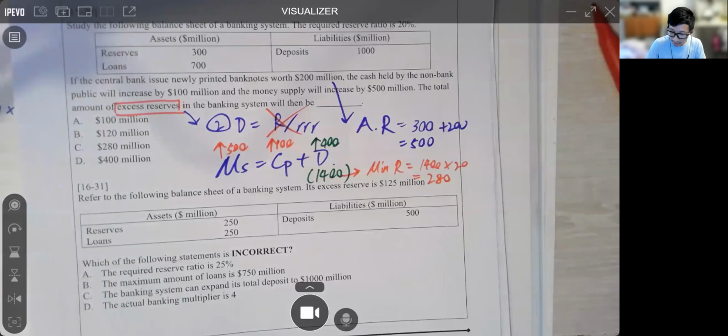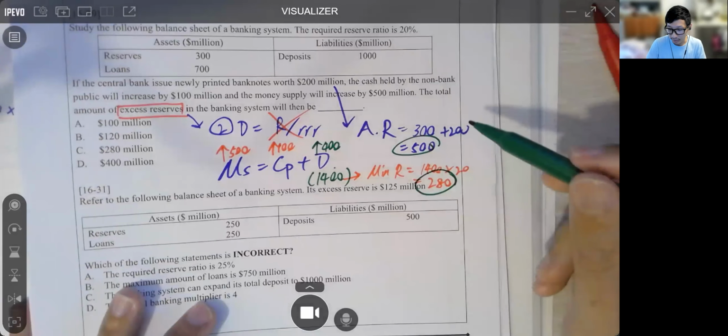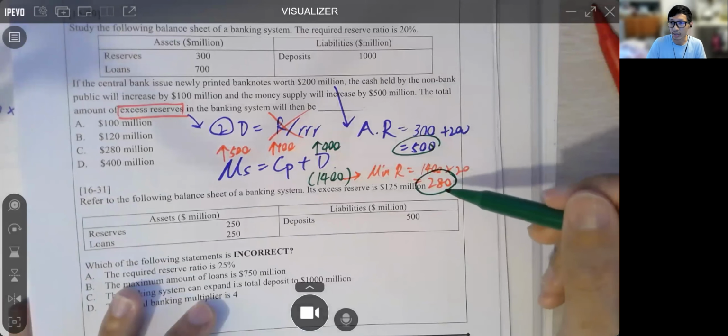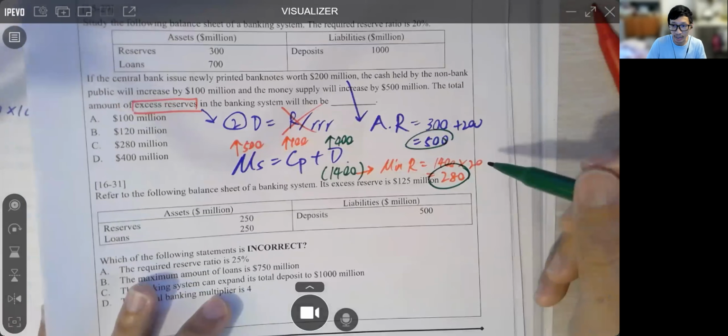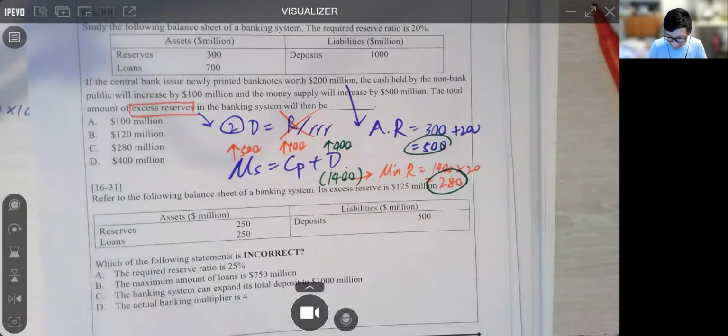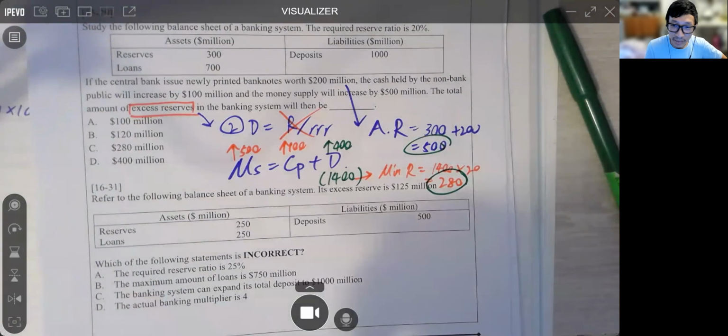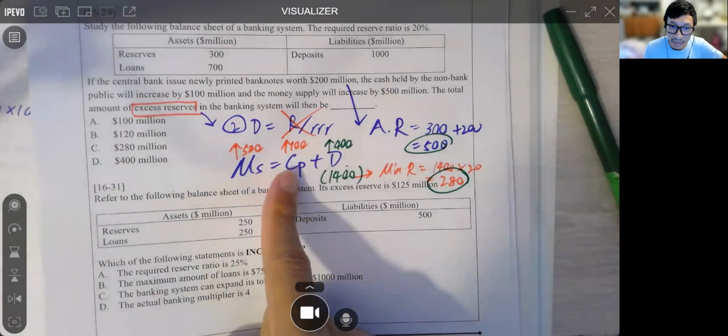Now, immediately, we know the excess reserve would just be 500 minus 280. Okay. 咦，係咪計錯數啊？點解冇嘅？係嘛？咦？Did I calculate anything wrong? 睇先，係咪計錯數啊？嗱，money supply increased by 5.